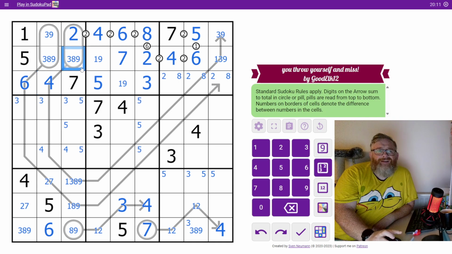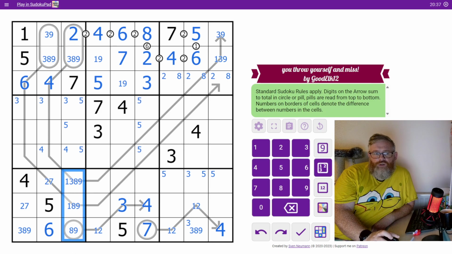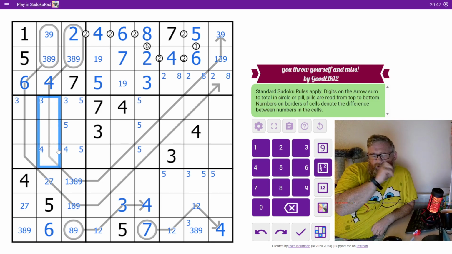So, if this was 9 then 29, because that was the minimum, so I don't think it can be 8. If this was 9, what's it going to do to the rest of everything else going on here? If this was 9, well, we couldn't have 9 in this box. Therefore, we couldn't have the 9 in this column in this box. Therefore, the 9 would have to be there. Therefore, the 9 would actually have to be in here.